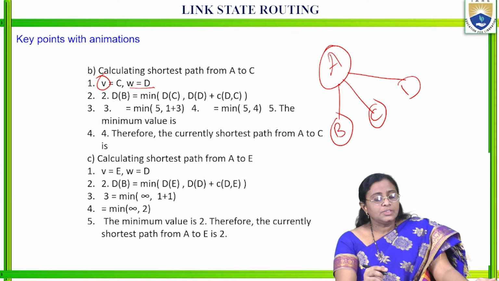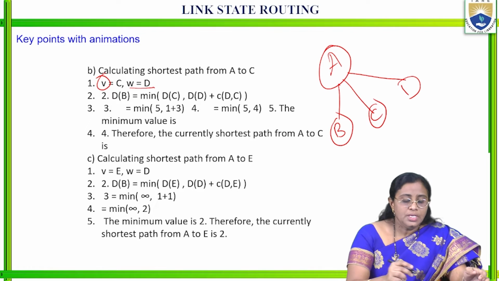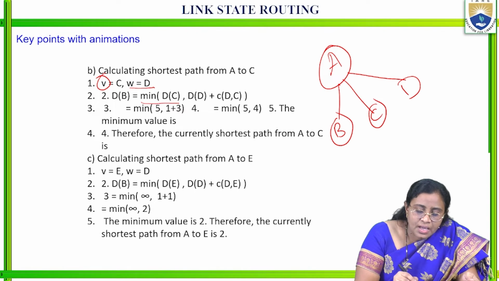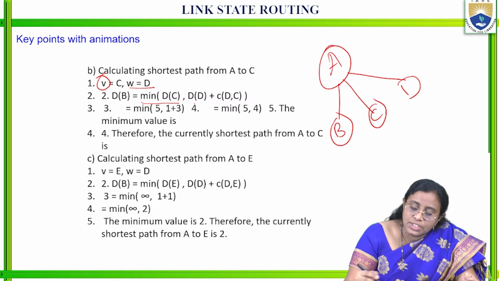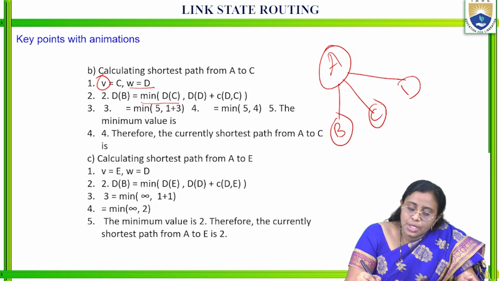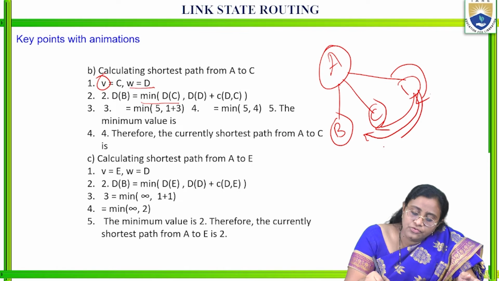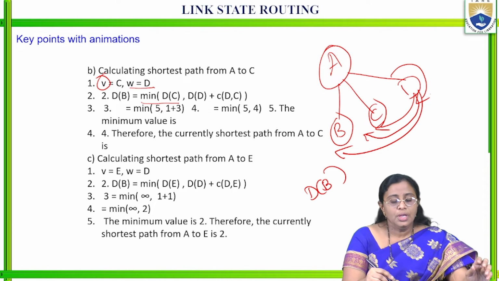So here, D of B is equal to minimum of D of C and D of D. Again, we need to calculate D of C, and we have to minimize it.